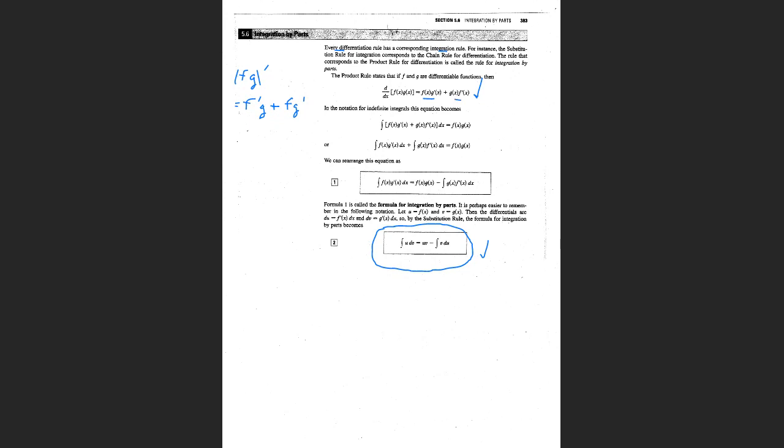Now what they do here is they say, okay, here's the product rule. That's fine. What if I were to integrate both sides of this equation with respect to dx, of course, with respect to dx?